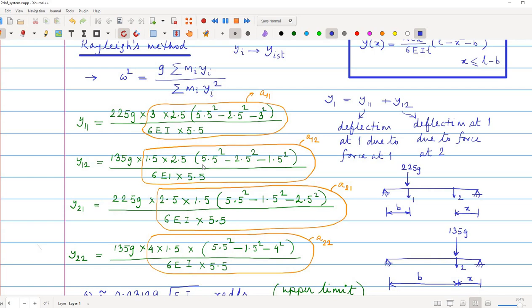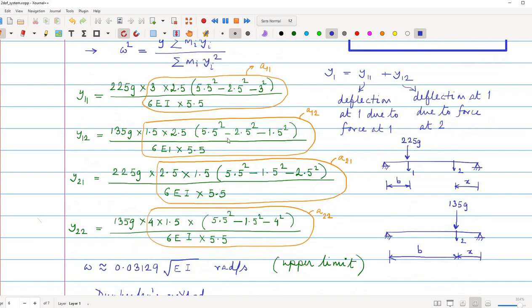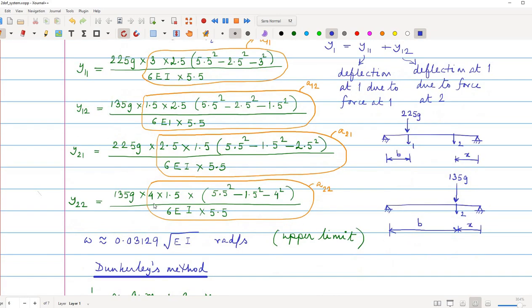You can check, this is equal to this, and y12 equals y21 according to Maxwell-Betti's reciprocity theorem. And y22 is force at this and deflection at this. Here you can take x from here or x from here, whichever you like, and this is 5.5 square, x is 1.5 and b is 4.